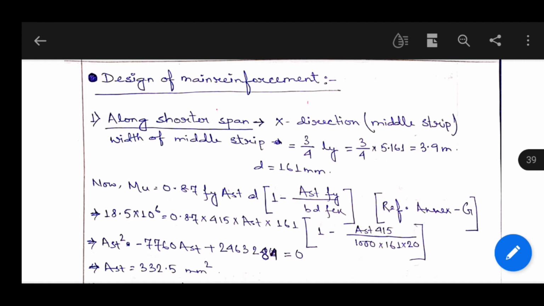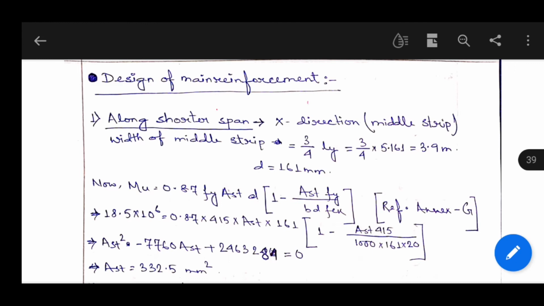So in this equation, our known values are: Mu, the moment, is known; Fy, the yield strength of steel, is known. Now Ast means area of steel, which is unknown here. We have to find out area of steel from this equation. d, the depth, is also a known value. Within the bracket, 1 minus Ast, the area of steel which we have to find out, then Fy, the grade of steel, is known, b is width, d is depth, and fck is the characteristic strength of concrete.